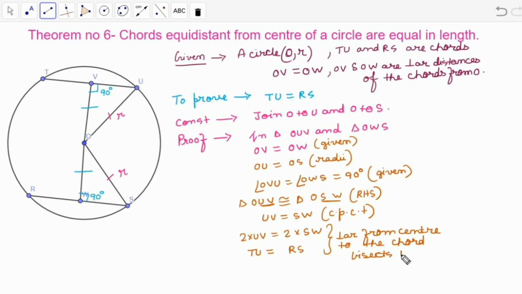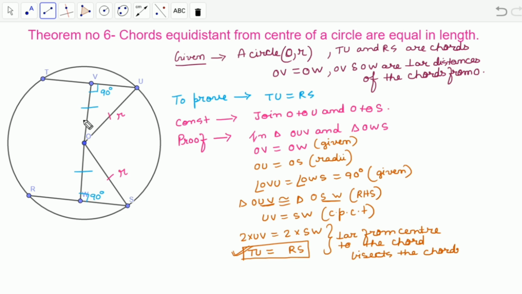So we have proved TU equal to RS, that the two chords are equal in length, and if the perpendicular distances of the two chords are equal, then the two chords will also be equal.